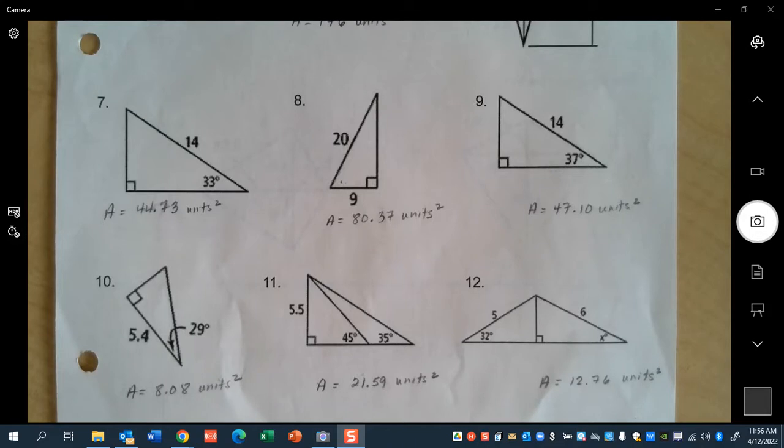Number 10, you have your base, but you need your height. So you had to use tangent for number 10 to find that. Number 11, nobody needs this information, so that doesn't matter. We just have to use tangent of 35 degrees to figure out your base, given your height.